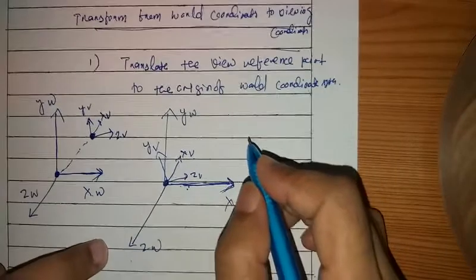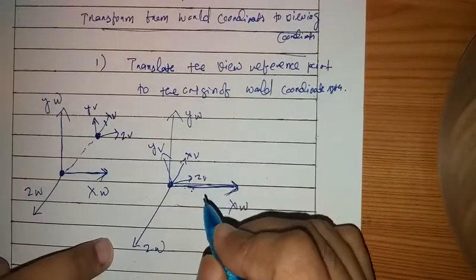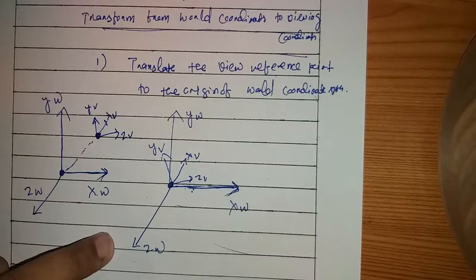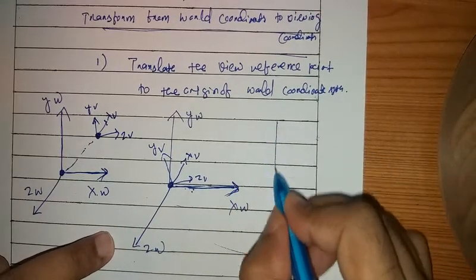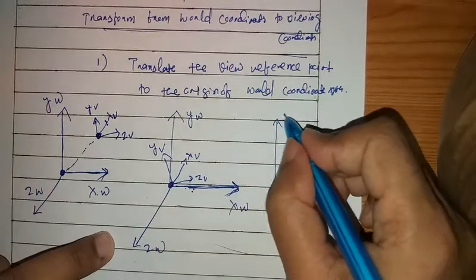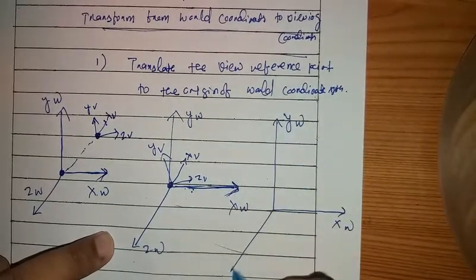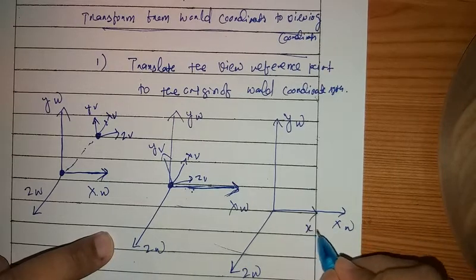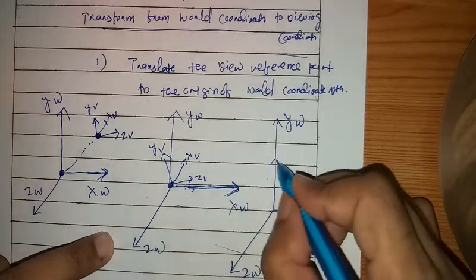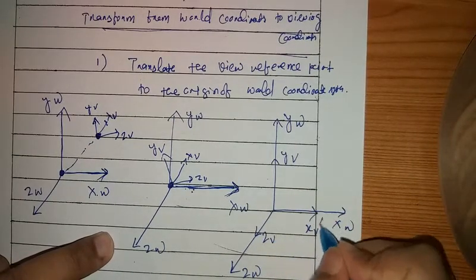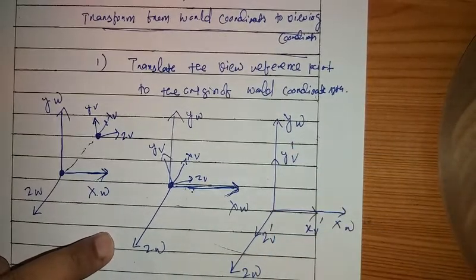If you have to rotate by some angle, you do the rotational operation in 3-dimensional space. So finally this is XW, this is YW and this is ZW. After alignment, this will be XB, YB and ZB, or we can say XB dash, YB dash and ZB dash.